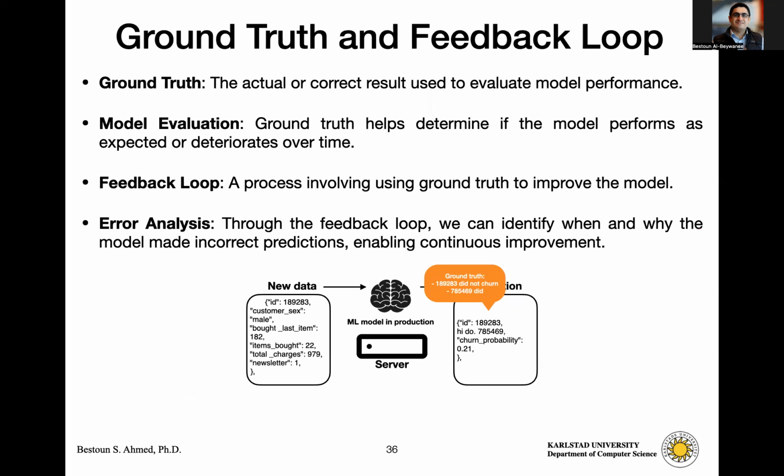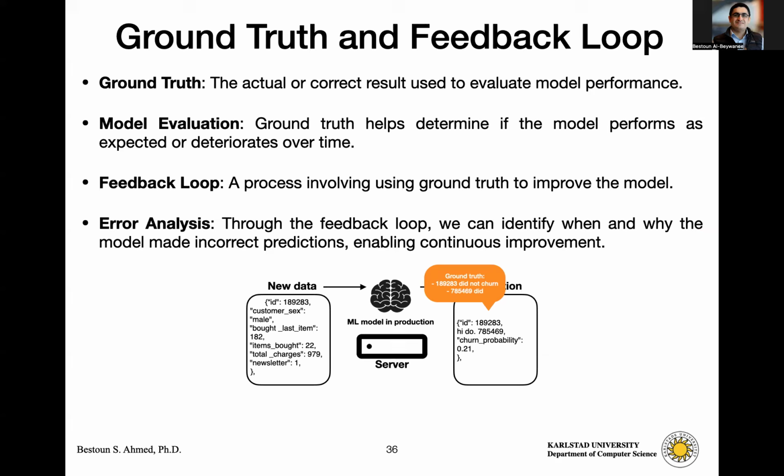How to do this monitoring? Most of the time, we are focusing on the ground truth and feedback loop. The ground truth means the actual or correct results that you are expecting. This is very important for the model evaluation. Also, you should always have some ground truth to validate against.